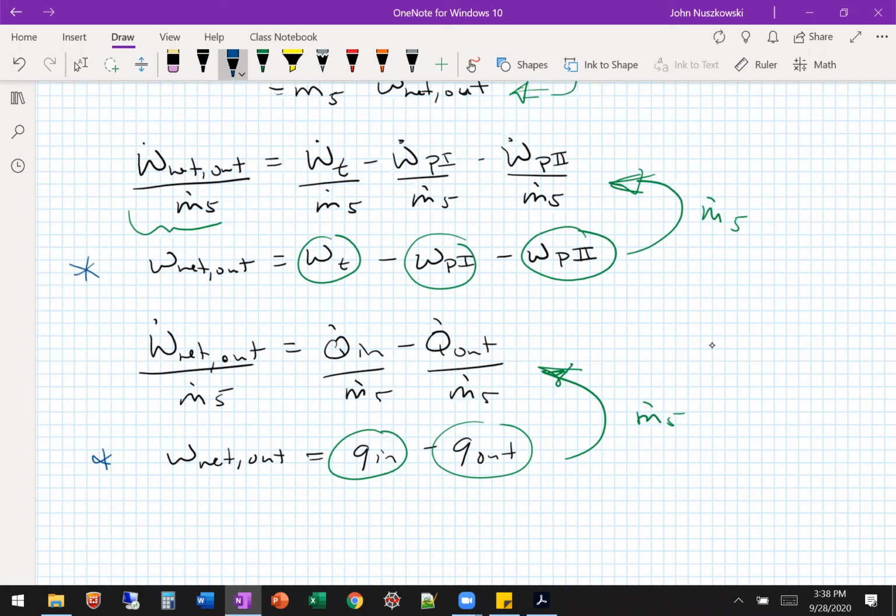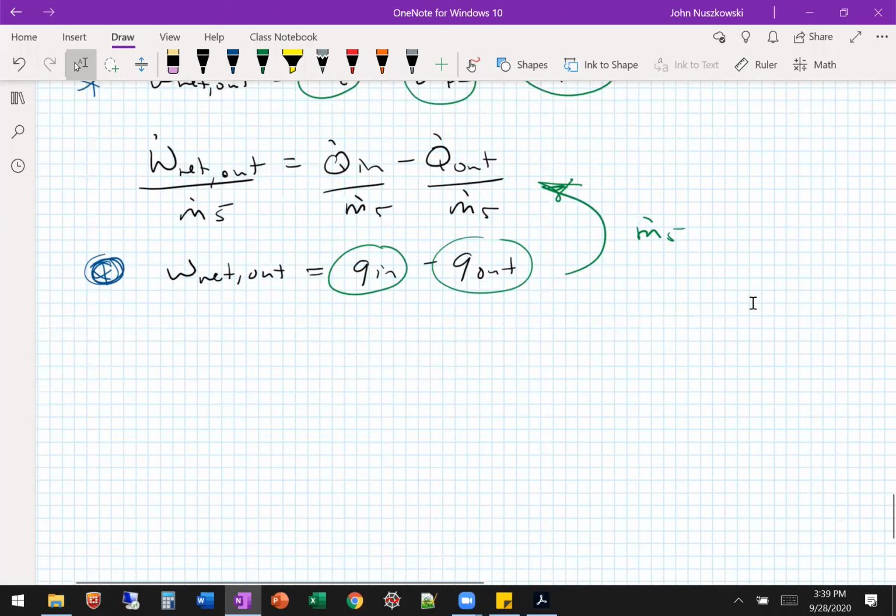A lot of the next steps will be similar, except that in this one we have to do one more COE if you do it with the works. But they'll both give you the right answer if you go down the process the correct way, okay? So I'm going to do the one with the heat, just because that's what I have numbers on. But you could go the other route and get the same answer eventually, okay?